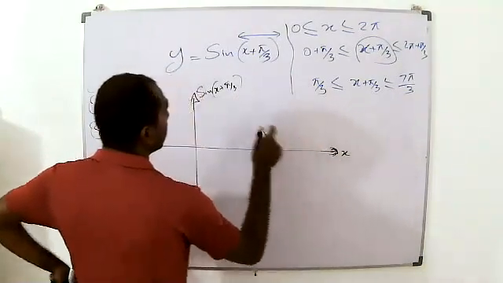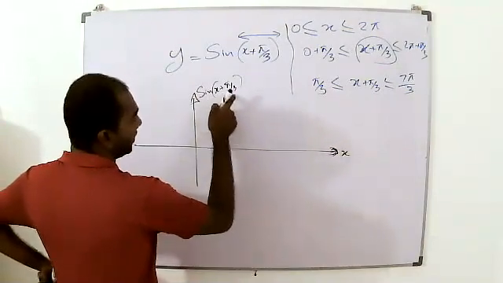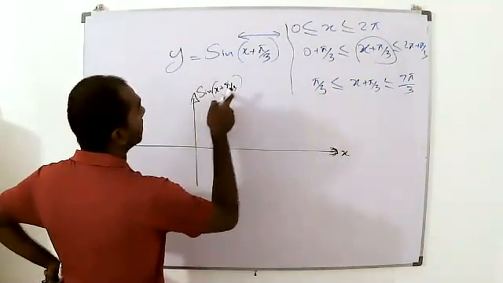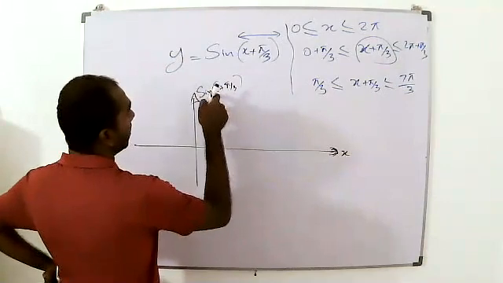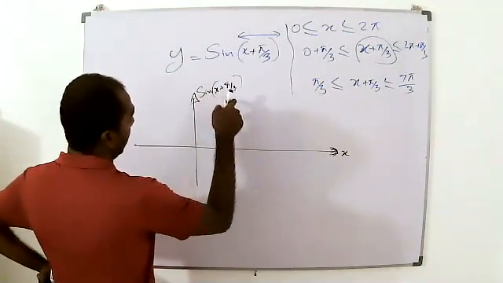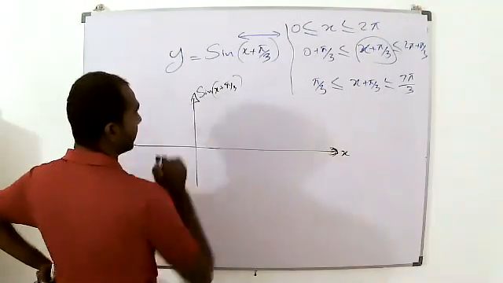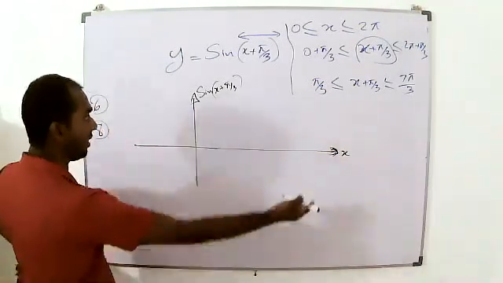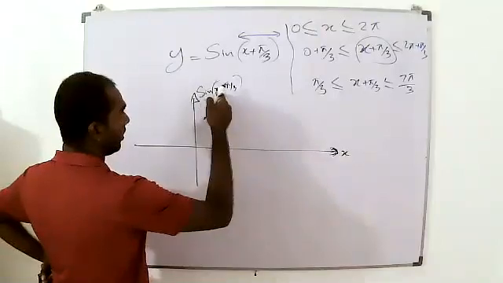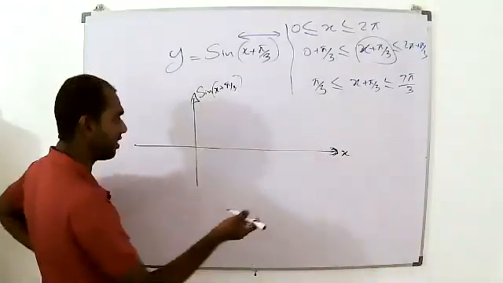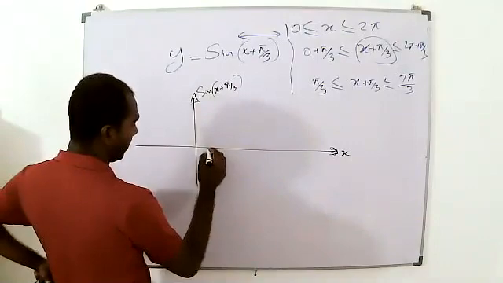What can we do here? If we think x equals 0, how much will be the sine? If x is 0, sine of π over 3, sine 60, square root 3 divided by 2, no?